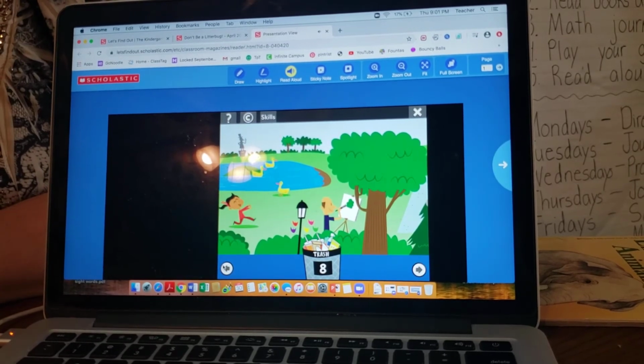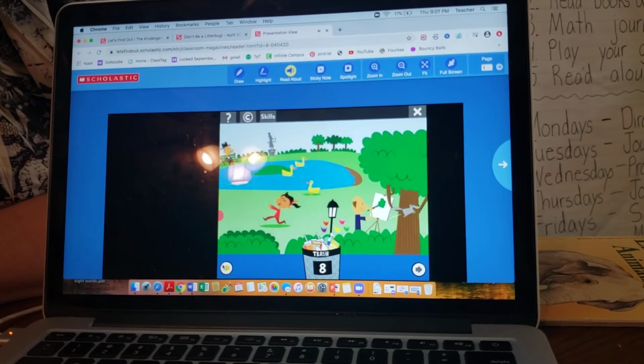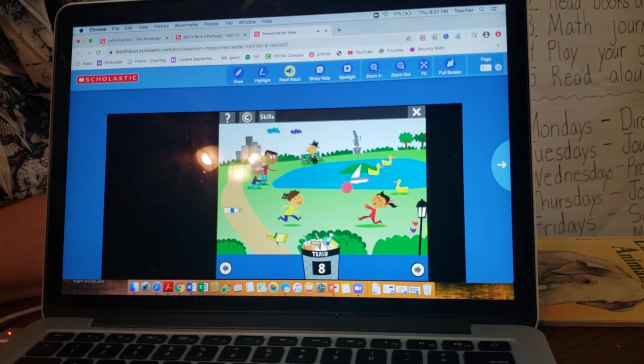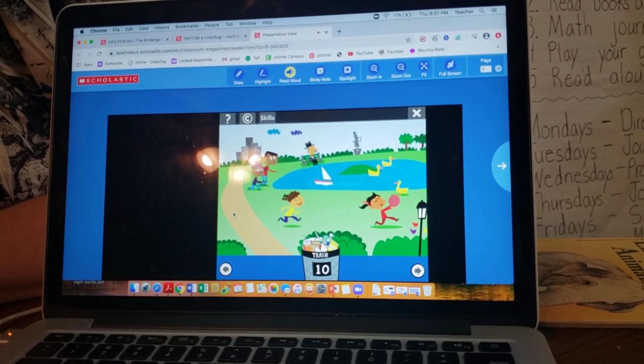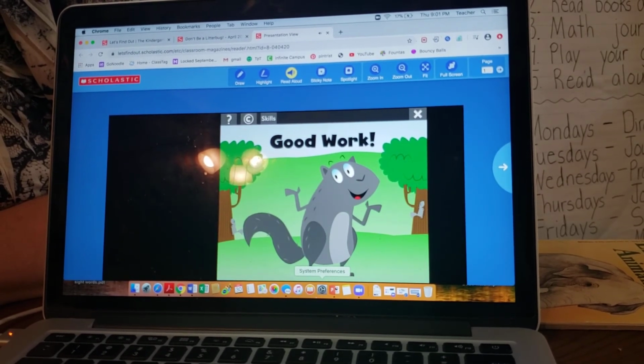How many more do I need if there's supposed to be 10? 8 plus how many more equals 10? I found them! 2, 1, 2. Let's see. 9, 10. We did it! Thank you for cleaning my park.